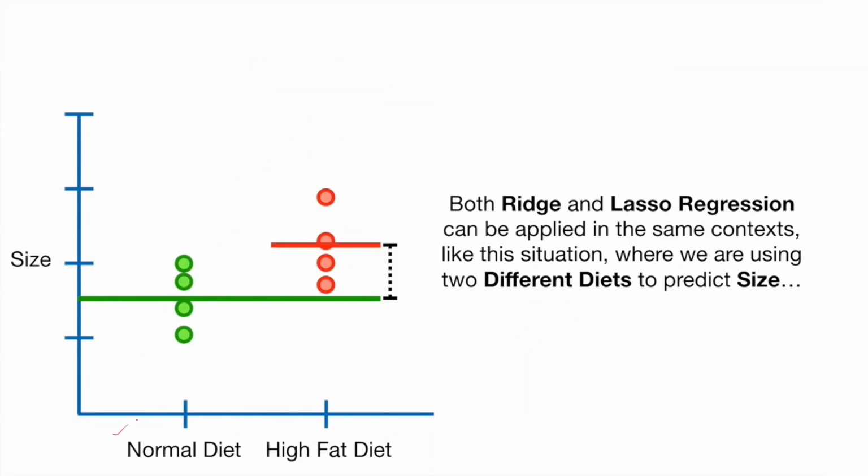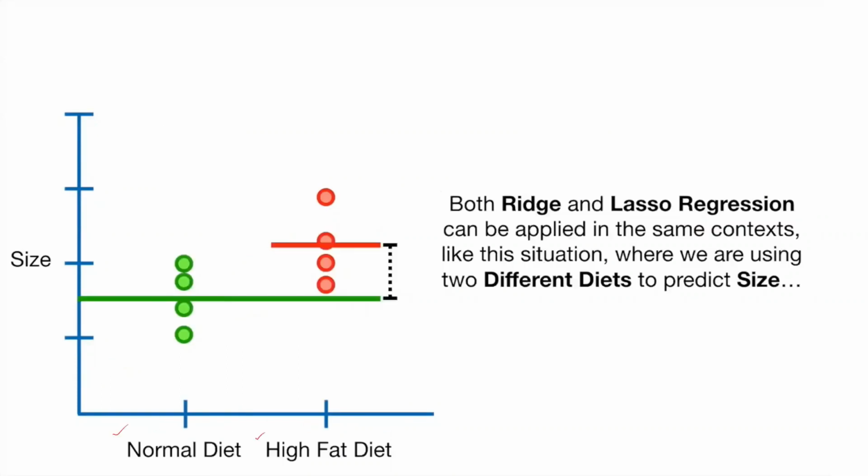For some of them we have given a normal diet, and here you can see the size is increasing over time. And we have given some mice a high fat diet, which increased the size more than the normal diet one. So we can use lasso and ridge in the same context.